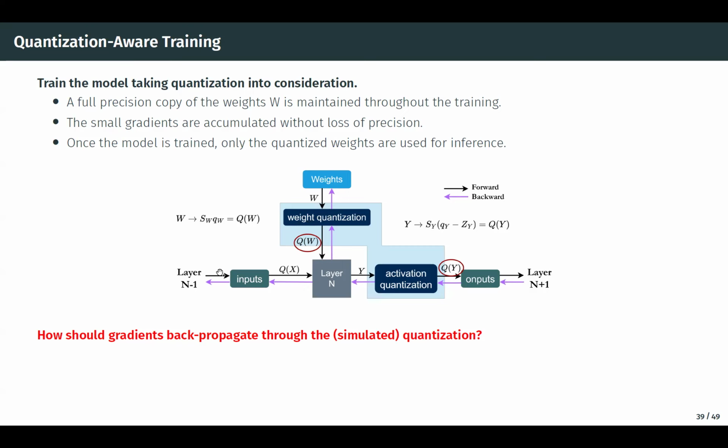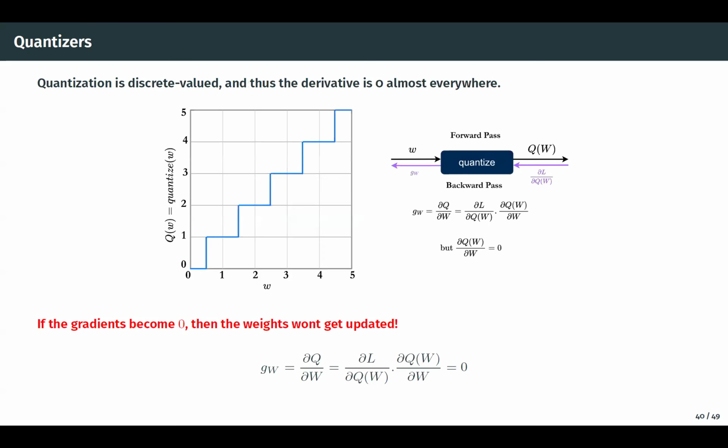This is just the process. You have the input, you quantize it, and then do the operation using the weights, and then you get the activations, which are quantized, and then you do it in the reverse direction. Of course, we plug in the equation that we derived earlier. But to find the gradients, as I said, in discrete values the gradient is always 0. This is how the backward process works.